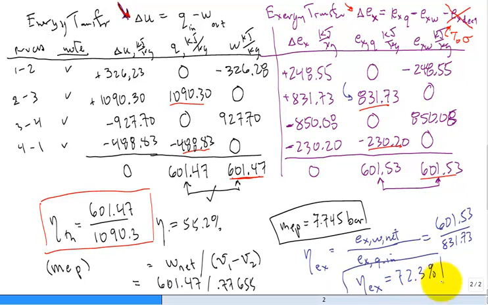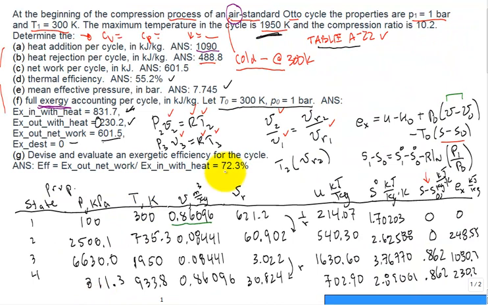Now, I'll just say that these are conceptually interesting calculations, but on a simple problem like this, it's pretty rare that this is blown out and put on an exam. But hey, we have a homework problem, we've done it, we are taking what we learned in the previous chapter, chapter 7 with Exergy, bringing it forward into chapter 9 when we're studying gas power cycles, and we can still make these calculations. So with that, 72.3, and we are done with this problem.